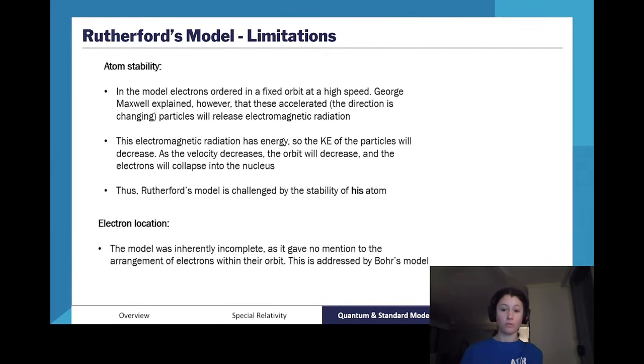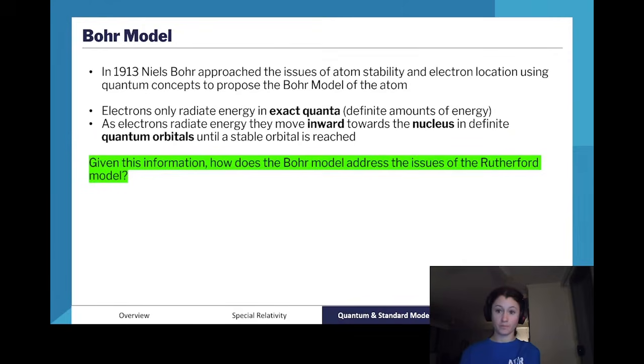However, what we actually observed was that electrons could only emit and absorb certain amounts of energy, not just any amount at all. It would be a certain amount, right? And this is when we get into emission and absorption spectra, which we'll get into later. So that was the other limitation with Rutherford's model.